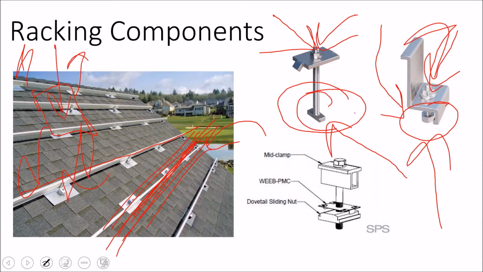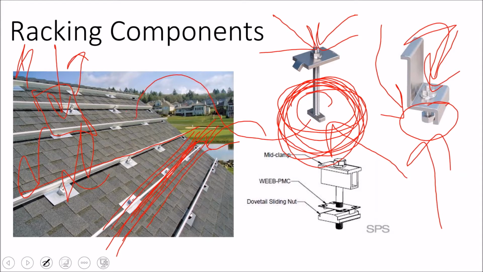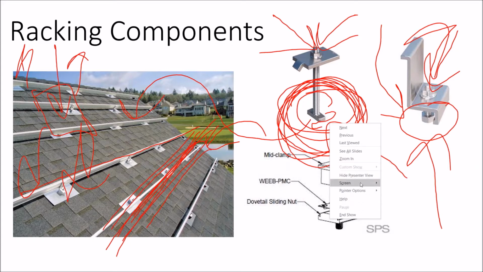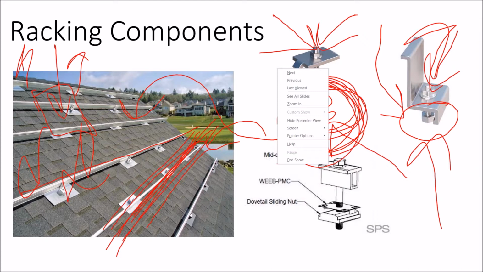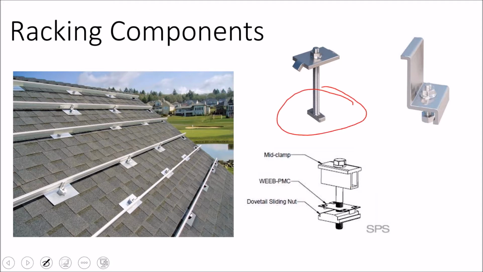And what this T-bolt allows you to do is put that T-bolt into the channel and then just give it a quarter twist, and it'll just lock into the channel. If you have a hex head bolt, you'll have to remove all of the modules until you get to the end and then rethread that hex bolt all the way down to the module you're servicing. And so if there's one piece of equipment when you're doing your racking that you really need to over order, it's actually these T-bolts right here.